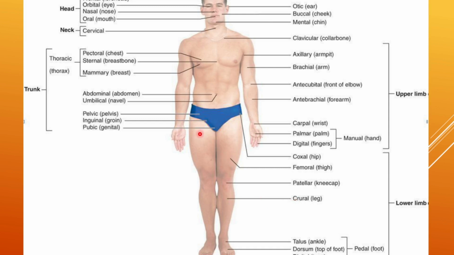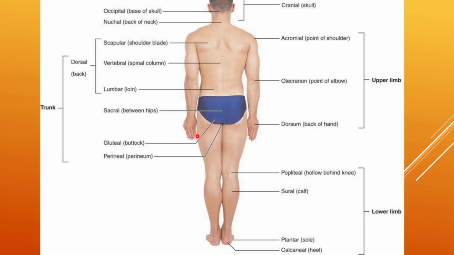Things to do with the groin, inguinal, things like that. So these are all terms that over time you should become familiar with. And then this is the same sort of thing, just looking from the posterior view this time, so the back of our model. Some other regions.